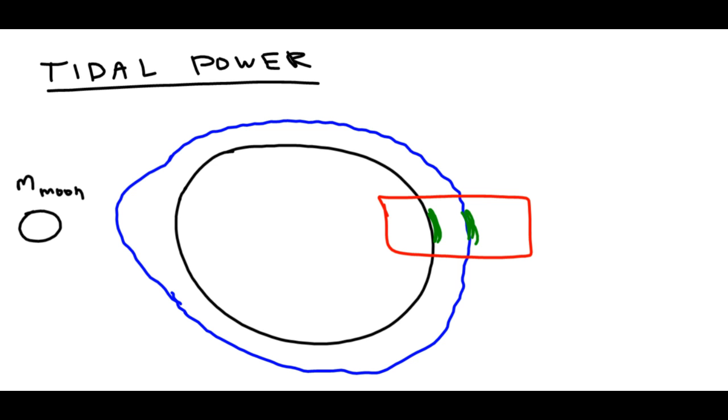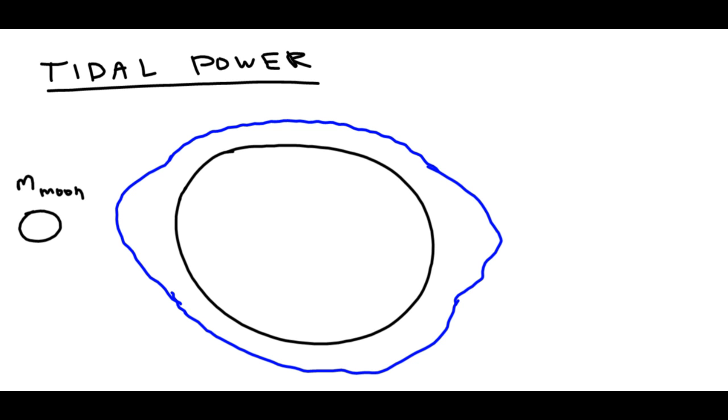So let me draw that smaller force. Here's the force on the bottom water, and look at that, the force on the top water is just a little bit smaller, so we have a shorter arrow. And we can then infer that there is going to be a slight bulge over there as well, right? So I can erase this and show this bulge, as it's called.